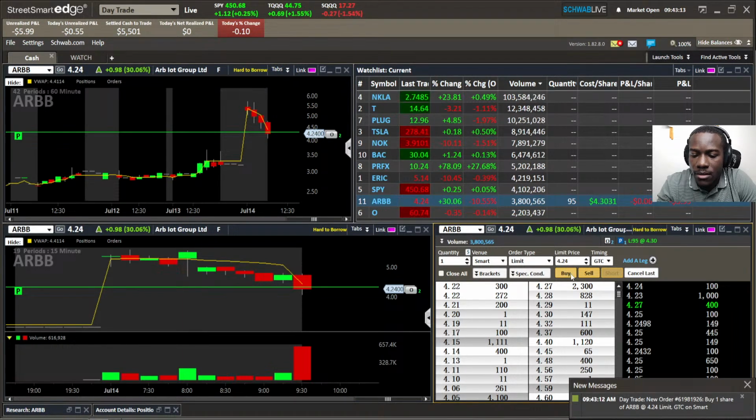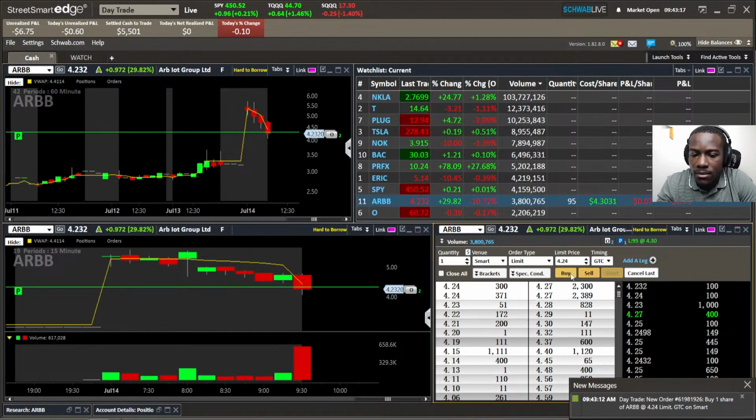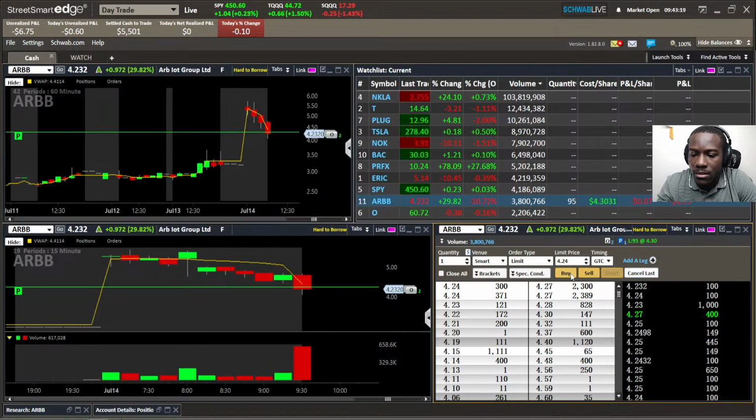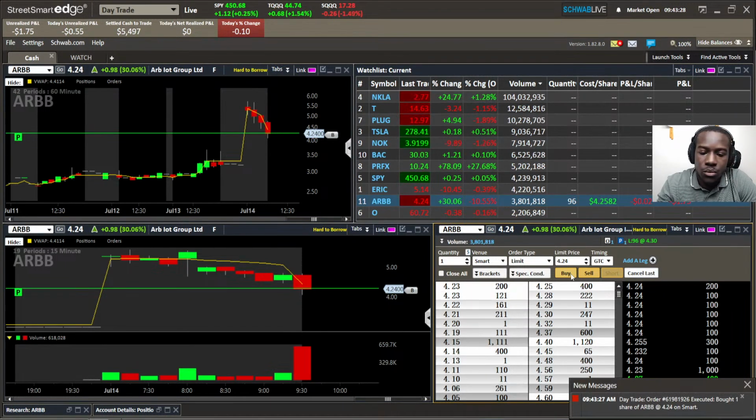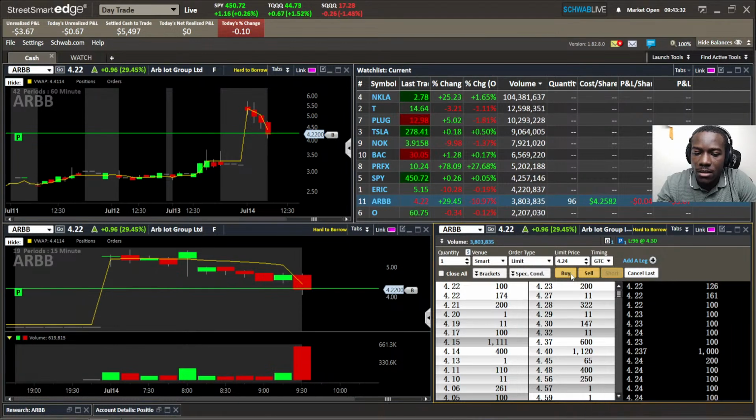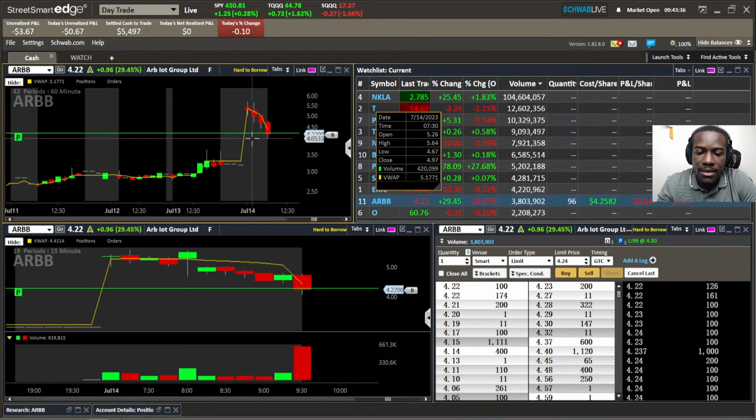Can I get another fill down here under 424s? Got another fill there. Almost got 100 shares. And $4 is looking like that spot.